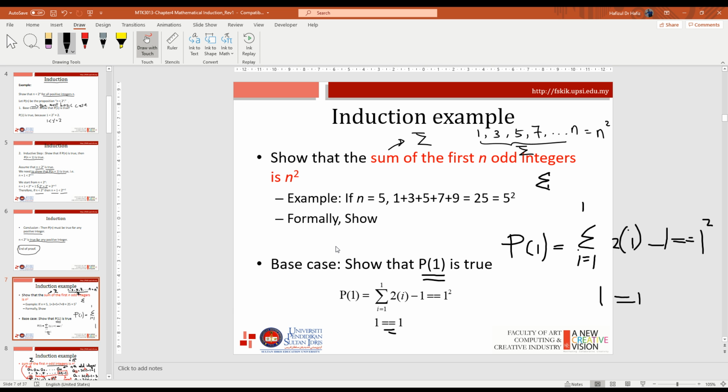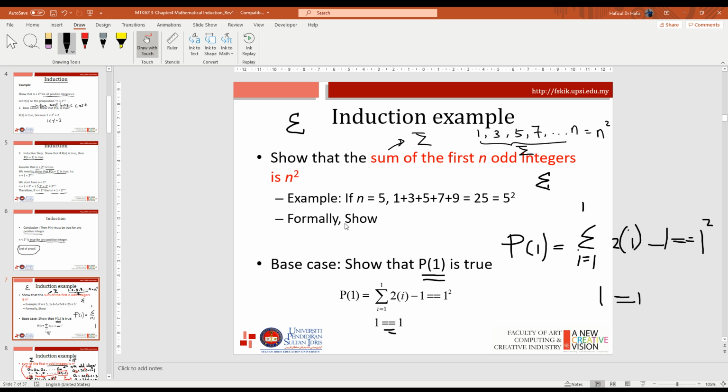Induction example: show that the sum of the first n odd integers is n to the power of 2. For the sum, we can have this one. This one is the symbol of sum. And then if n is 5, we can find 1 plus 3 plus 5 plus 7 plus 9 is equivalent to 25, which is equivalent to 5 to the power of 2.